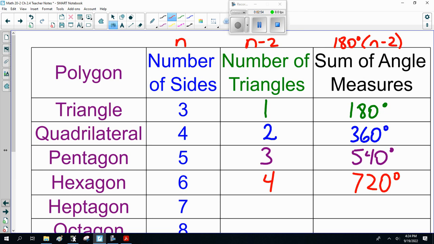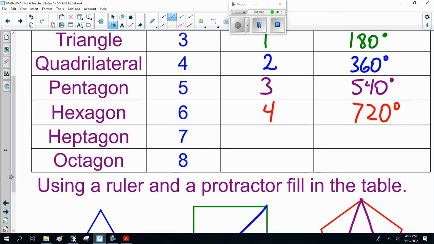Now that's inductive reasoning. Looking at the data, finding a pattern, making a hypothesis. Now, if this hypothesis holds up, this should be 5. This should be 6. Now, 720 plus 180 is 900 degrees, then 1080.